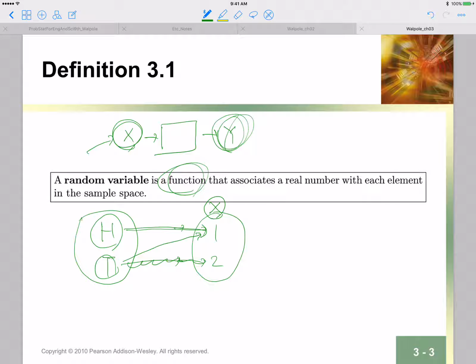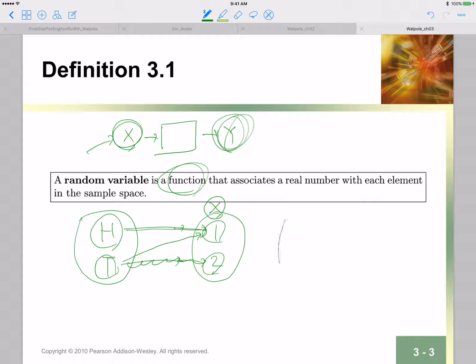So a random variable can map different outcomes into the same value. The only requirement for this function is that those values should be numbers. That is the only constraint.